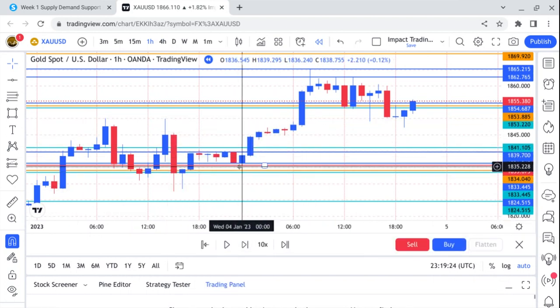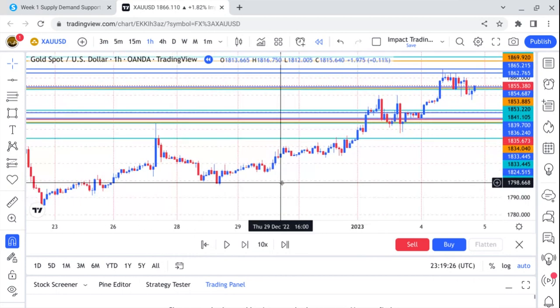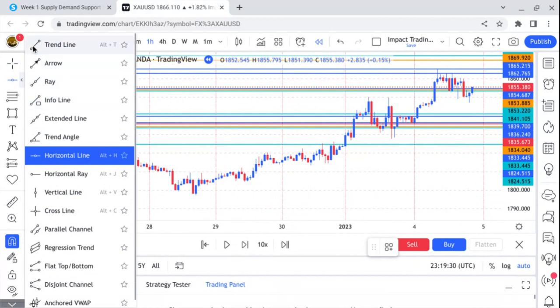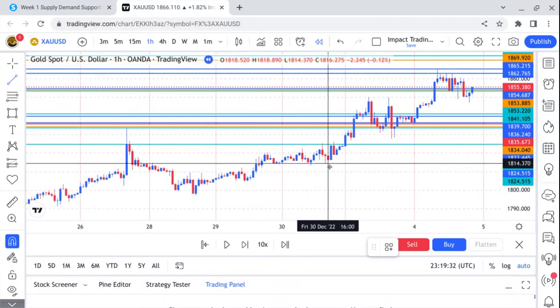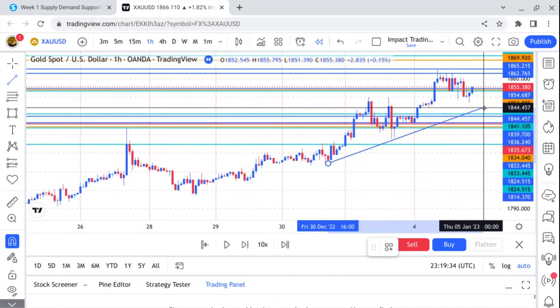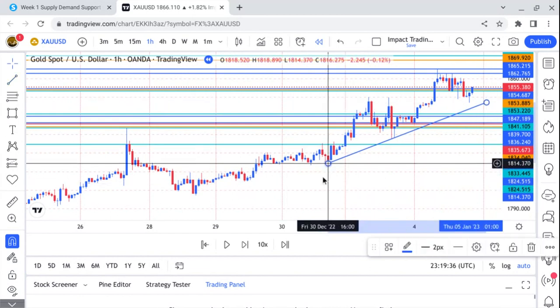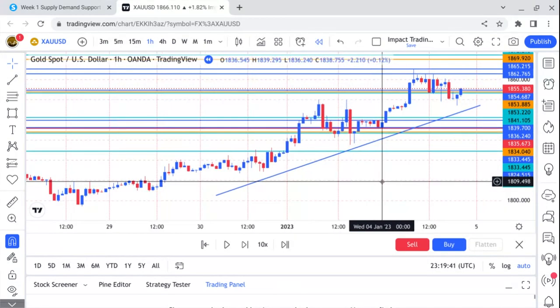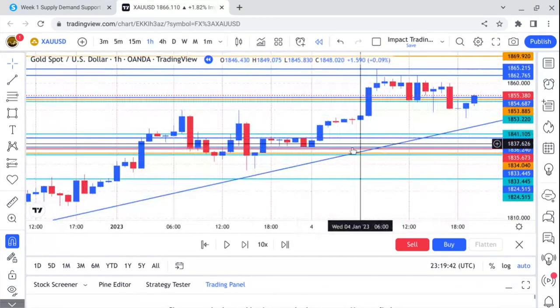So this would have been a continuation of the trend trade from the Asian session.